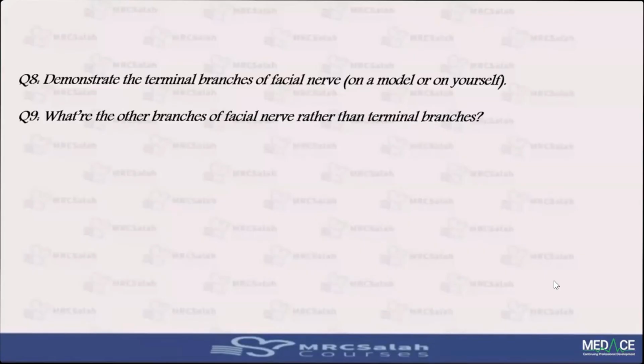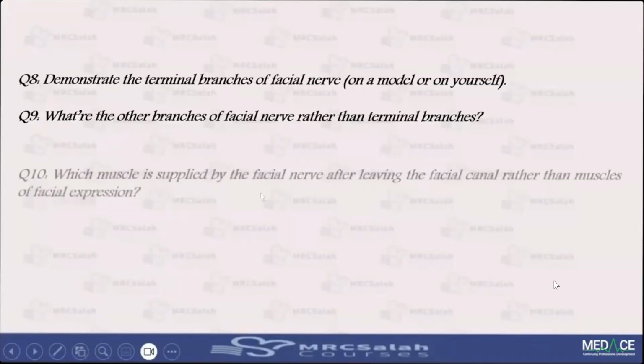And also there are branches after coming out of the stylomastoid foramen, like the nerve to stylohyoid, the nerve to the posterior belly of digastric, then a nerve to occipitofrontalis, and the posterior auricular, giving the occipital belly of the occipitofrontalis.